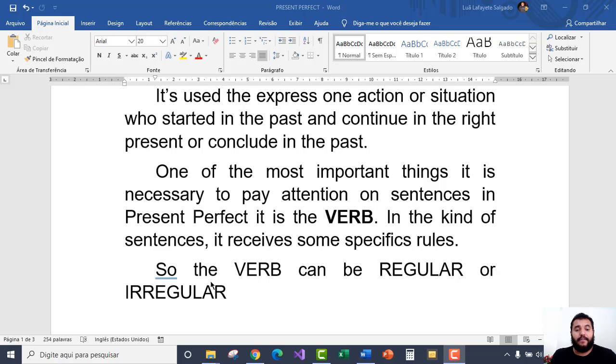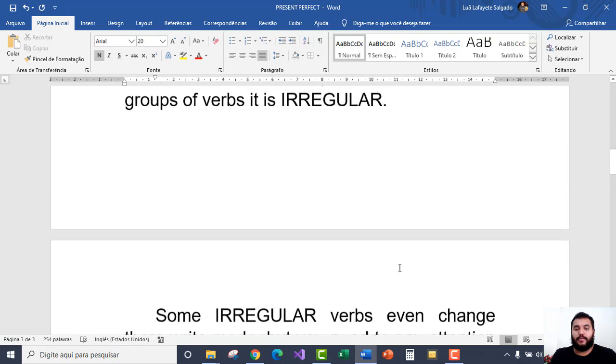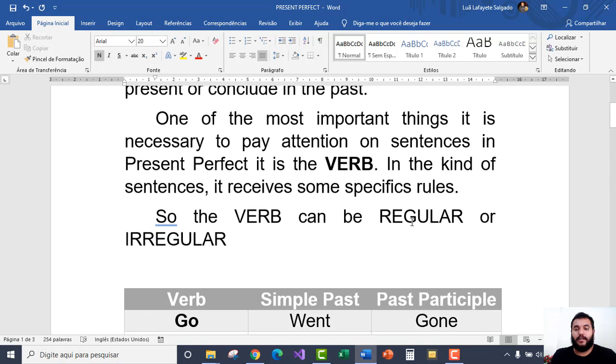The verb can be regular or the verb can be irregular. We saw many situations using regular, irregular, regular, irregular verbs. So remember when you talked in book 1 about regular verbs and irregular verbs in the simple past. It's the same problem.